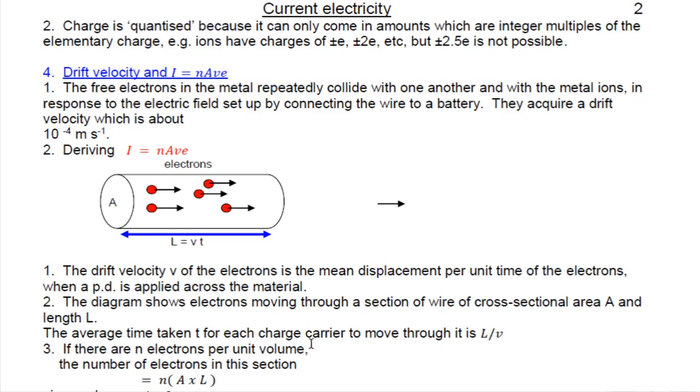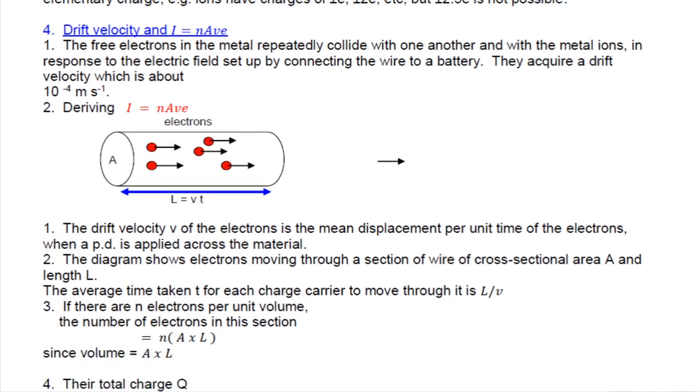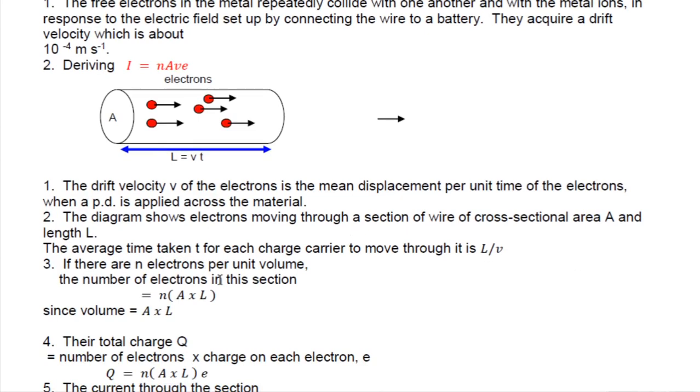If there are n electrons per unit volume, the number of electrons will be n times the volume. Remember, number per unit volume, you want to change that to number, we just multiply by volume. So it will be n times area times length, so that's volume.